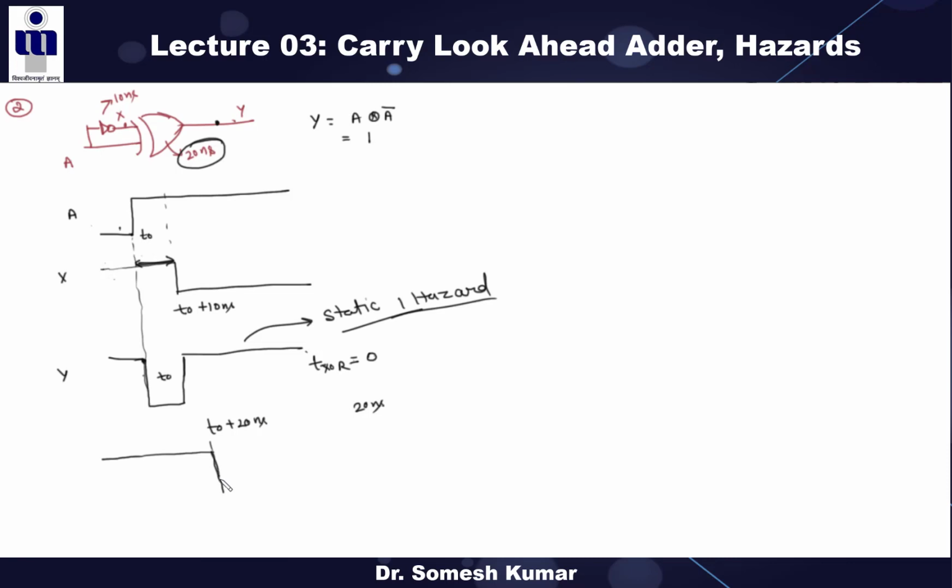And after that it goes to this 0 and like this. And this is your what? What is the time period of this? Only 10 nanosecond, right? So this is your 10 nanosecond, or we can say T naught plus 30.